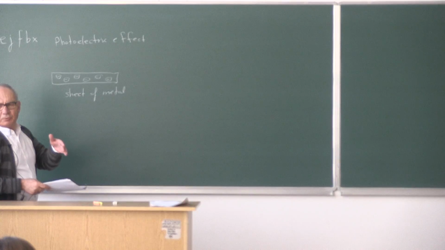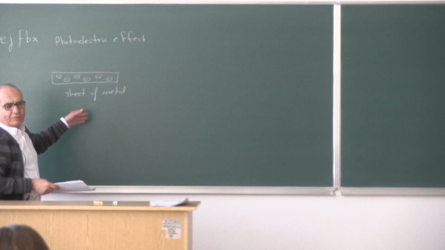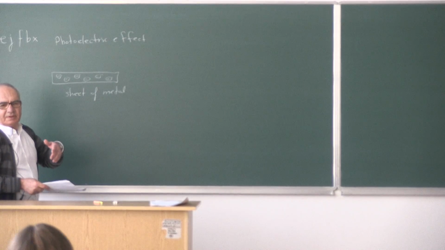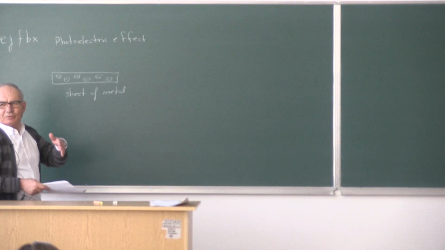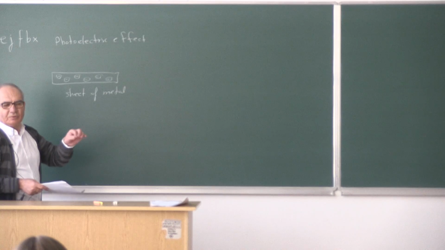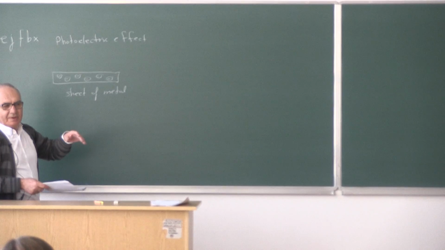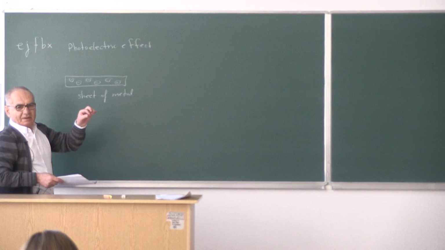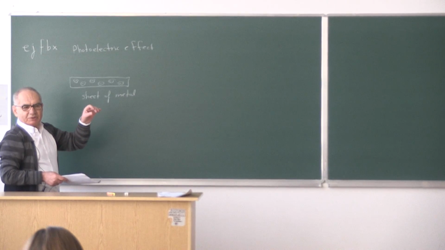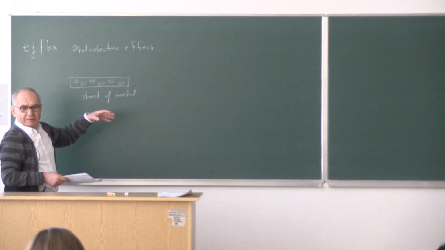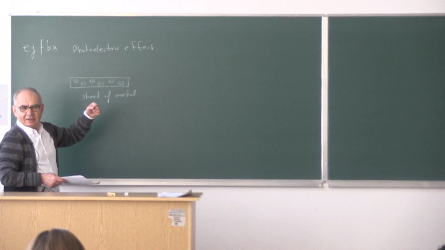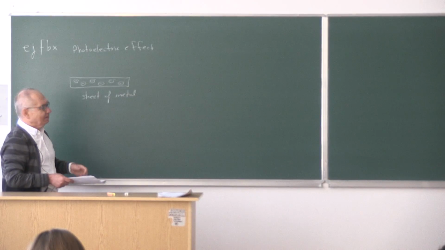Our common view of electrons in a metal is such that the electrons are relatively free to move inside the metal. Of course, there are positively charged nuclei which are keeping the electrons inside the metal.